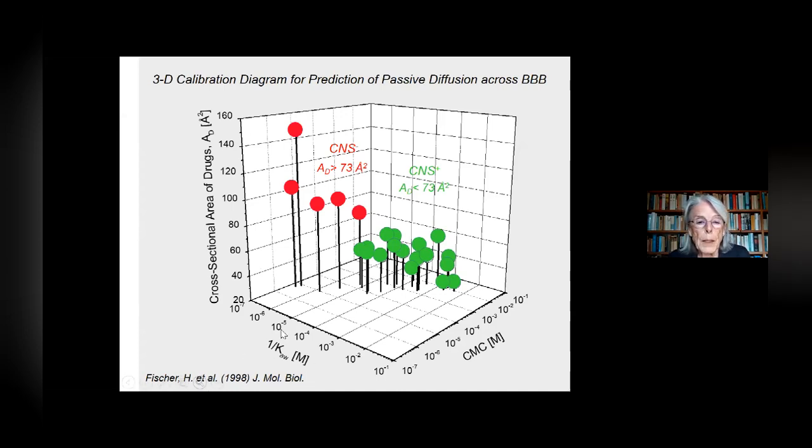So we measured the air-water partitioning, how well the compound goes to the air-water interface. We measured the CMC of the compound, and the cross-sectional area of the molecule by surface activity measurements. We found that the small compounds, lower than 80 square angstroms, around 70, penetrate the brain, and the larger compounds do not.